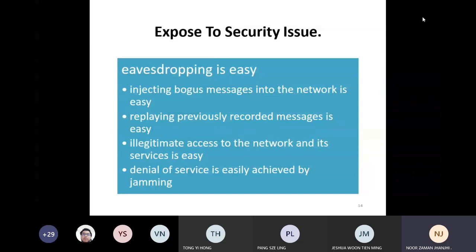Now, this is the reason because the packets can reach anyone. That's why eavesdropping is very easy in this type of network. Other people can inject bogus messages into your network, and they can easily replay your previously recorded messages, because while your data packets are traveling within the range, they are available to anyone.